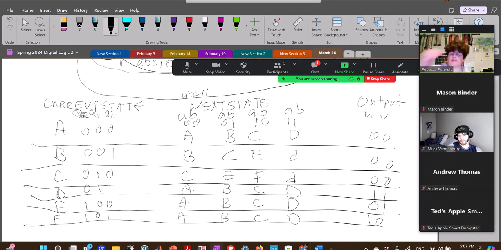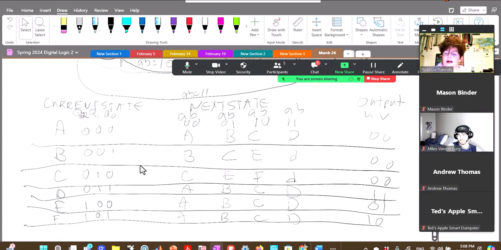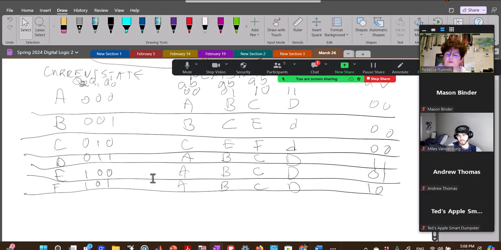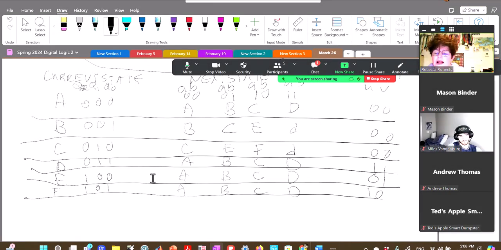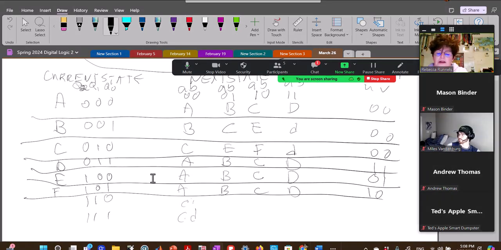And so you would just replace each instance of the letter in here with the 3 bits that are representing it. Now, if you were to really do a state assigned table, you would have to fill in all of the 8 possibilities with don't cares. So if you wanted to do this all the way out, you would also have to do 1 1 0 and don't cares everywhere, and 1 1 1 and don't cares everywhere.